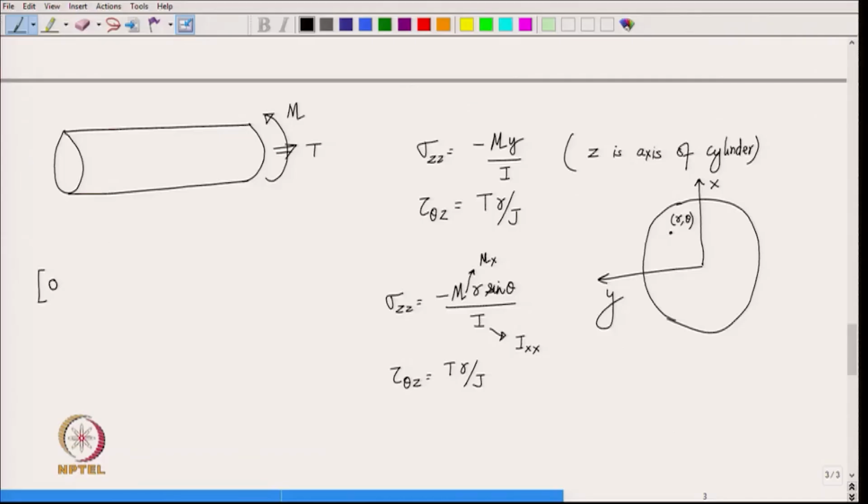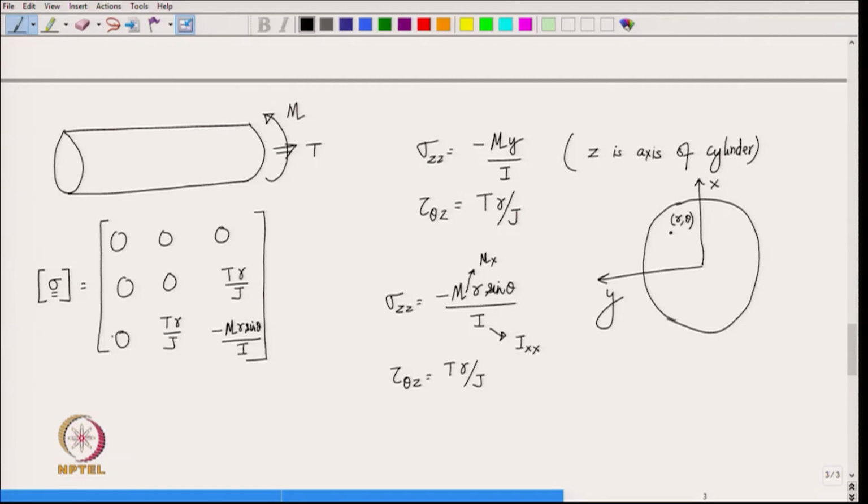So, the sigma matrix in cylindrical coordinate system becomes, we have sigma zz, which is minus m r sin theta divided by I, and we have tau theta z, which is T little r by J, and rest all are 0.